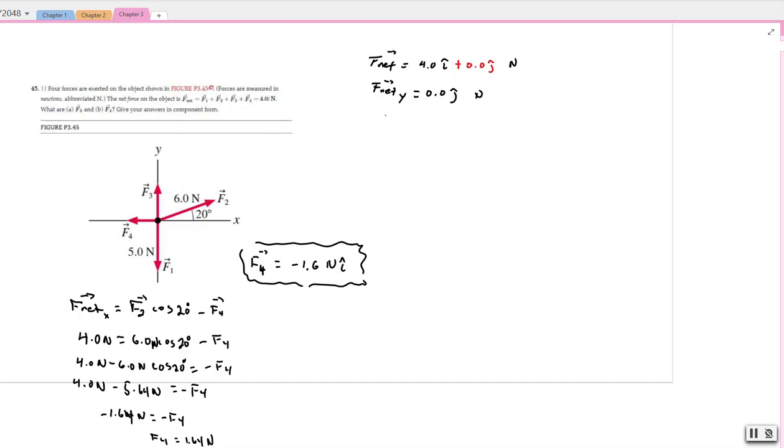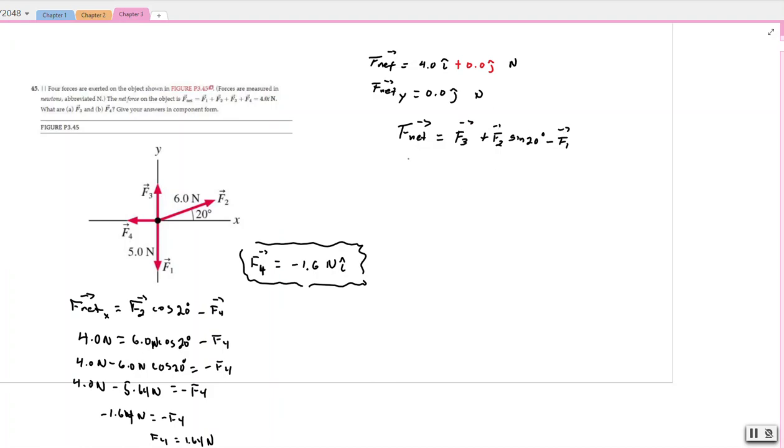So I know the net force in y. We say the net force in y is equal to F3 plus F2 sine of 20 degrees minus F1, right?